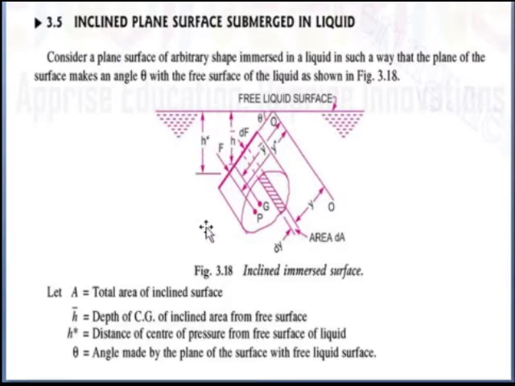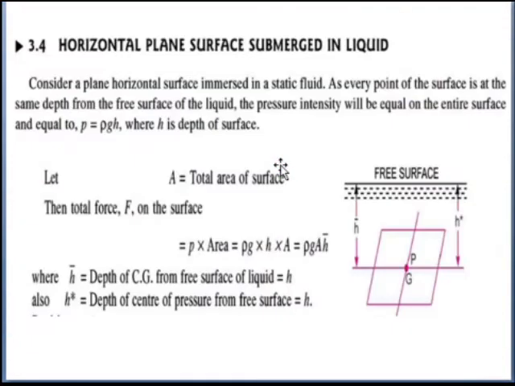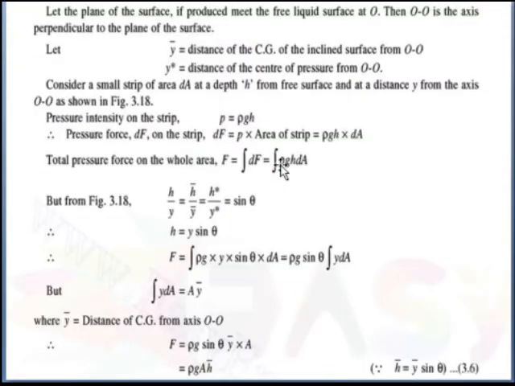Also the distance h upon y is equal to sin theta. This is the relation that we are going to use further at the time of integrating. So, since h upon y is equal to sin theta, we can also write this relation as h is equal to y sin theta.